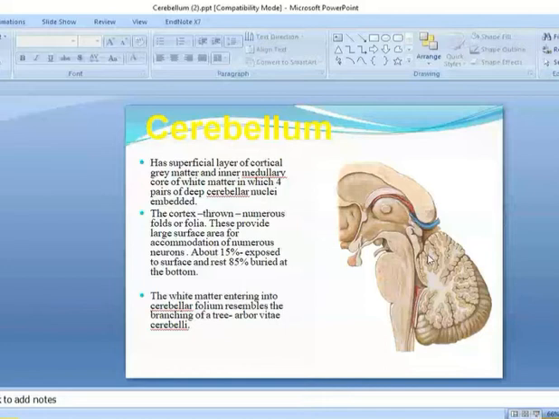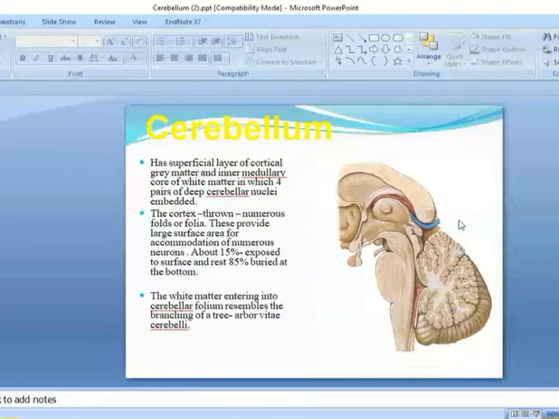So look at here. This is the superficial cortical layer of gray matter in which inner medullary core of white matter is present, and cortex. This gray matter cortex is thrown into numerous folia. Look at here. This is the folium. So this large surface area can accumulate in the small area because of this folia.